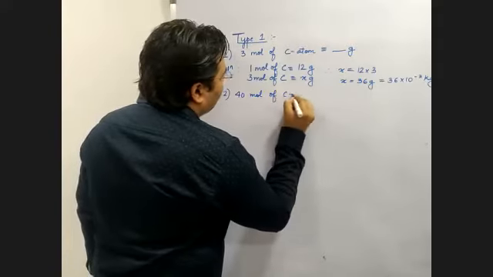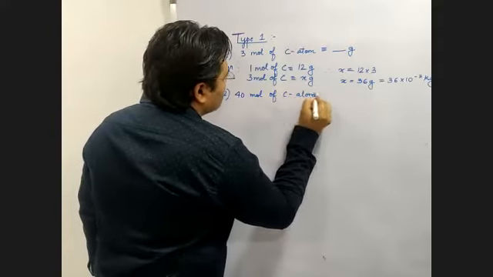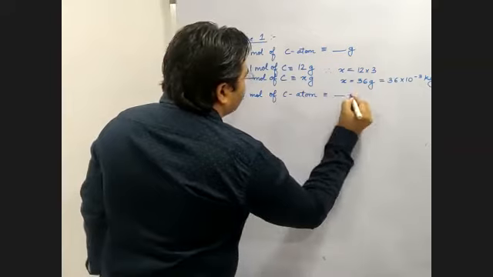"40 moles of carbon atom is equal to dash grams."